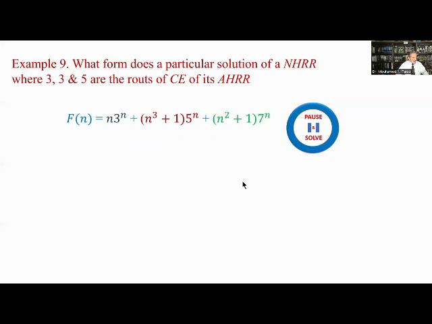Okay, we'll come back. Let's see. Notice that this is, and this is, and this is separate. Each one of them will give me one particular solution, and then we add them up.